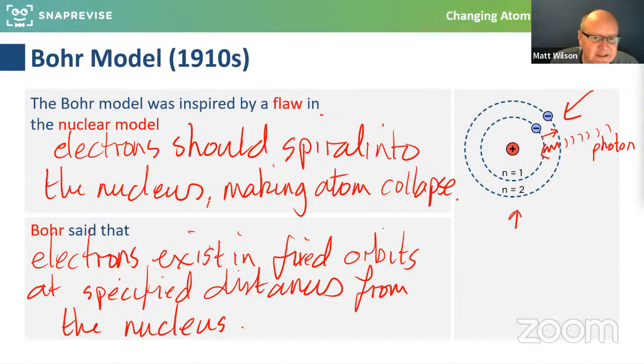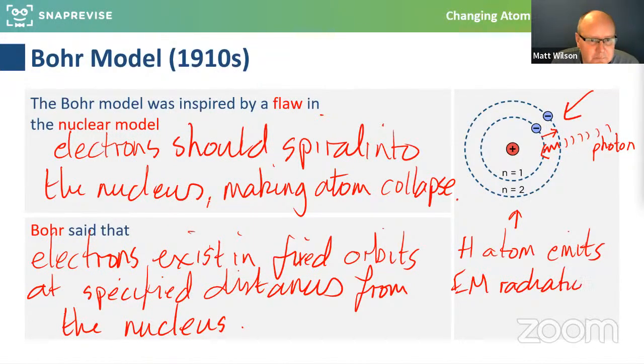Back to the model on the right-hand side, this is a hydrogen atom, of course, and we're showing the behavior of one electron here moving to and fro. I know there are 2 in the diagram, but it's meant to represent the movement of one. So a hydrogen atom will emit electromagnetic radiation, so a photon, and it emits that radiation at particular wavelengths because of the distance between the two potential paths the electron can hop between.